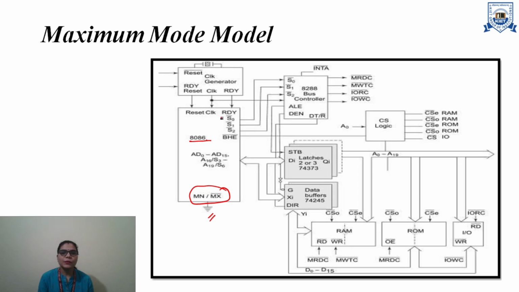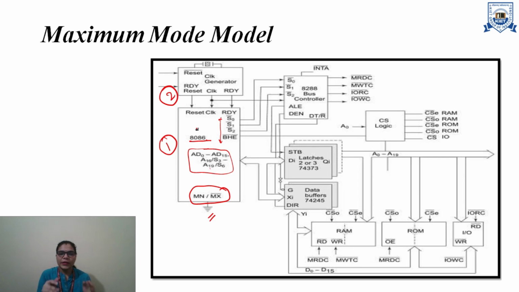And we have some common signals generated for minimum mode, as well as maximum mode will have some control signals. So here we have the 8086 component and the clock generator component, which will provide the clock input to the 8086 microprocessor.